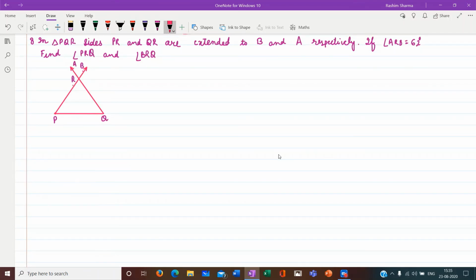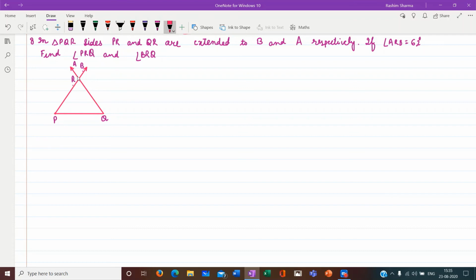Question number 8 is, if in triangle PQR sides PR and QR are extended to B and A respectively, and angle ARB is equal to 62 degree, find angle PRQ and angle BRQ. So here we can see in this diagram we are given angle ARB.